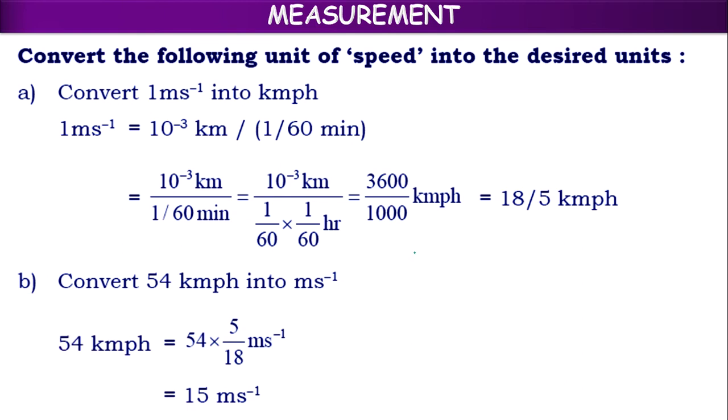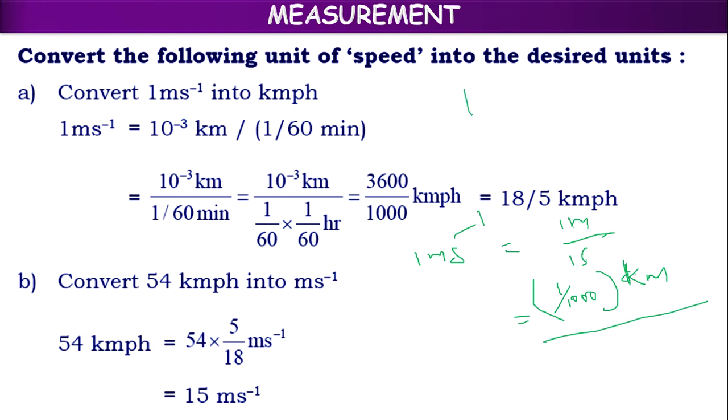Here children, 1 ms to the power of minus 1 means 1 meter per 1 second. But 1 meter means 1 by 1000 kilometer by, what is 1 second? We know that 1 hour equal to 60 minutes, children.